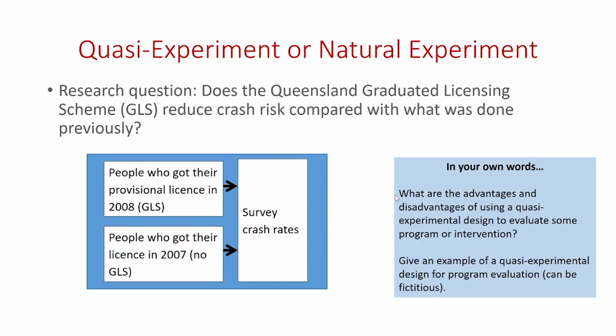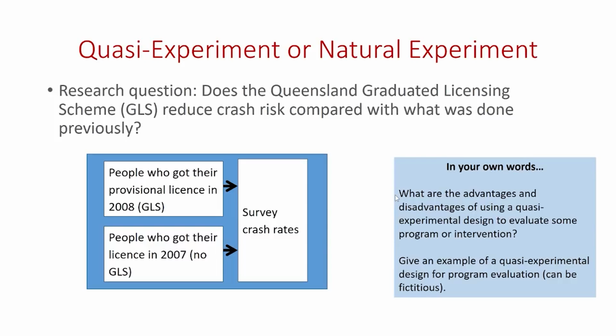If you've got grounds to think that this graduated licensing scheme is going to reduce crash risk, can you be justified in withholding it from, for example, half your population in order just to run the study? So there are ethical issues and practical issues, therefore this is considered a reasonable substitute.